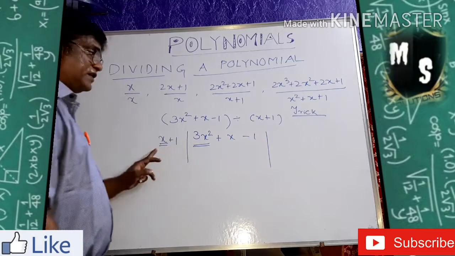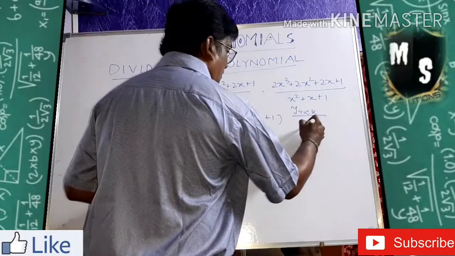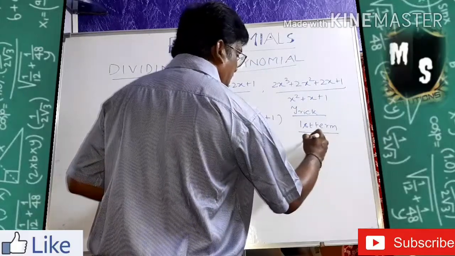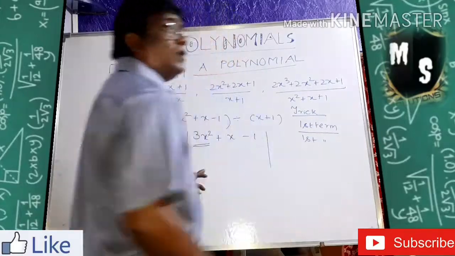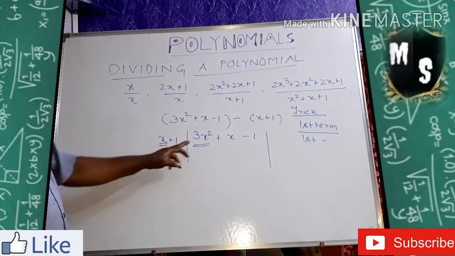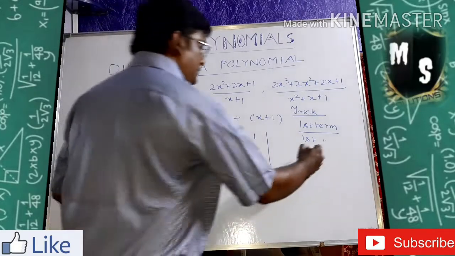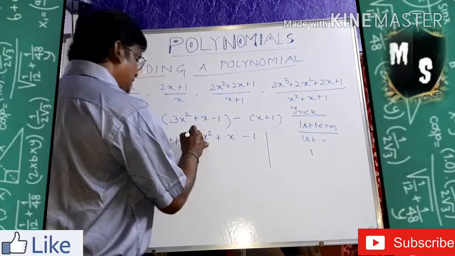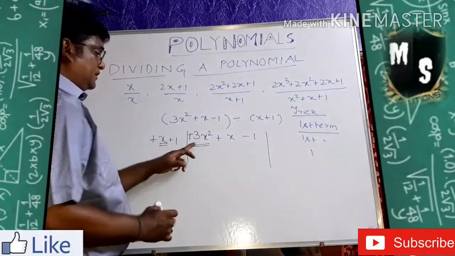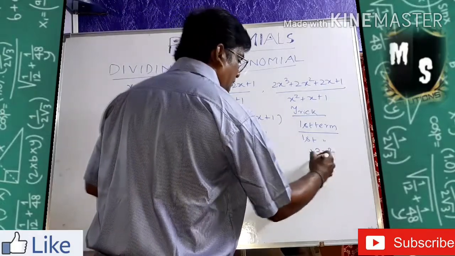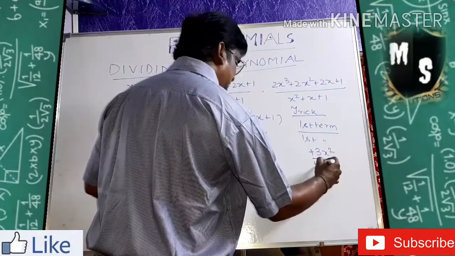So first term by first term, that is the trick involved in it. Now go for division, with sign. What is the sign? Nothing is there, so plus. So it is plus 3x square by plus x.